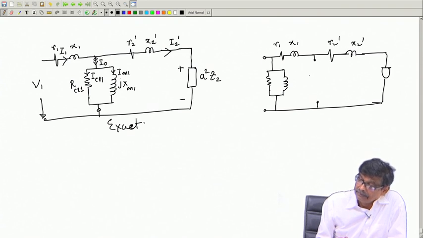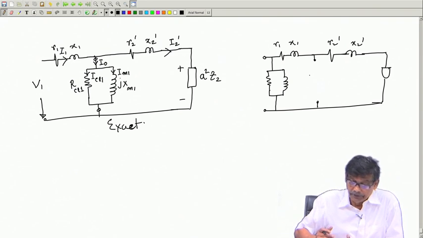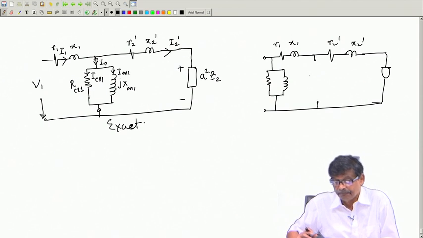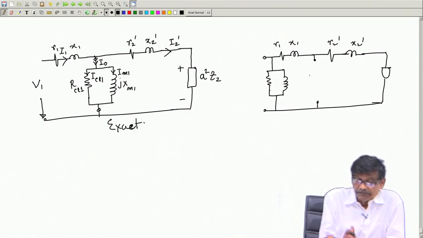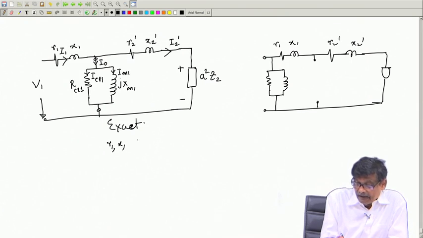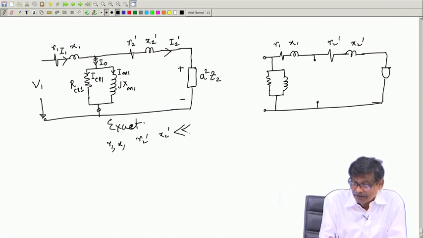And I am not doing this out of nothing, because of the fact that R 1 X 1, R 2 dashed X 2 dashed, these are all small compared to this R C L 1 and X M 1.